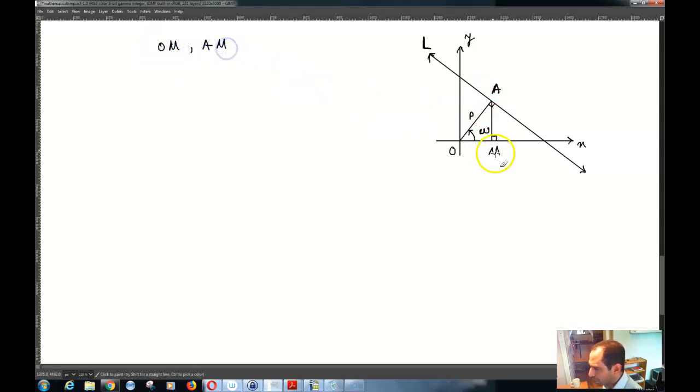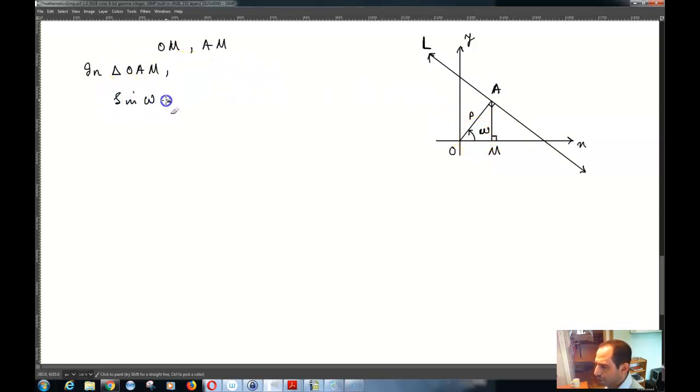In triangle OAM, you have sine of omega.